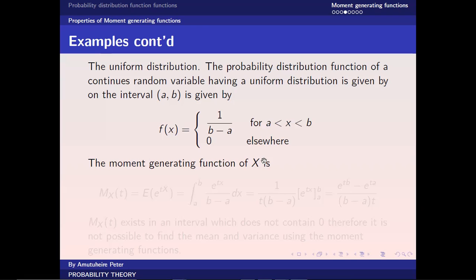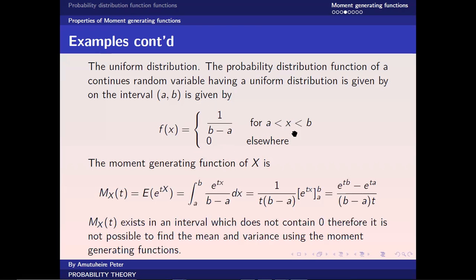Okay, so we are here. This is the uniform distribution or the rectangular distribution. Now, its moment generating function is the expectation of e to the power tx, which is the integral from a up to b of e to the power tx. So we can put constants. When we integrate, this is what we get, then from a up to b, it gives us this.